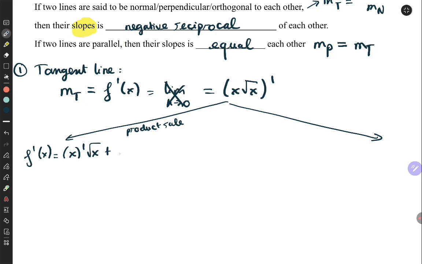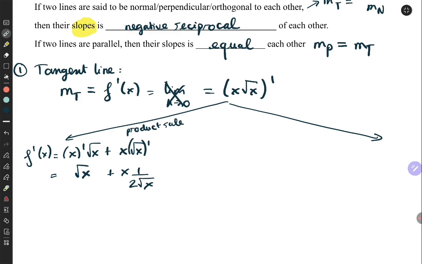Okay, f prime g plus f g prime. Good? And that's how you do it, right? You get that? f prime g plus f g prime. Derivative.